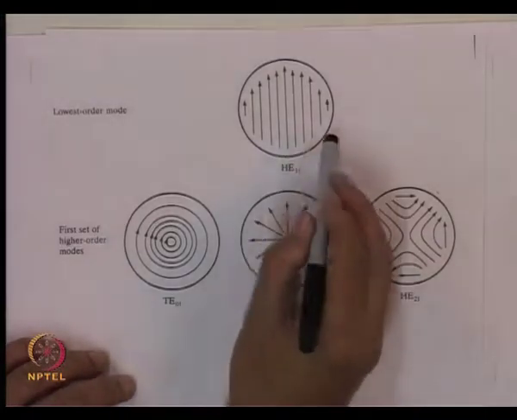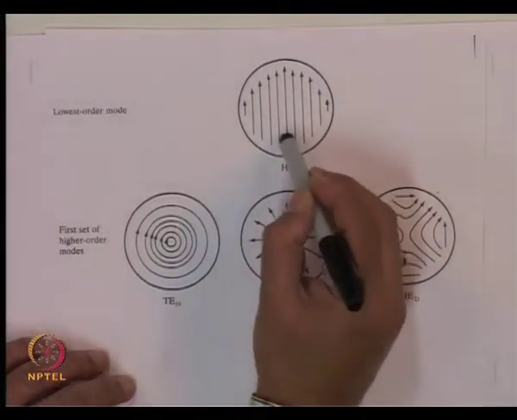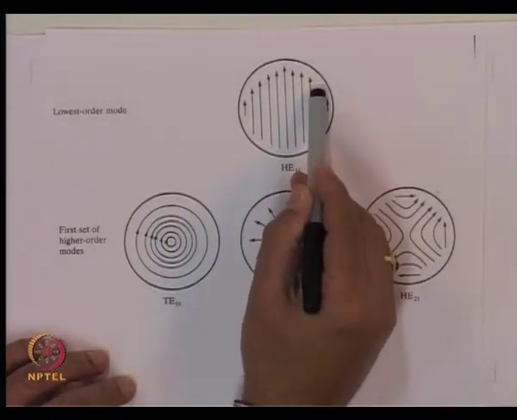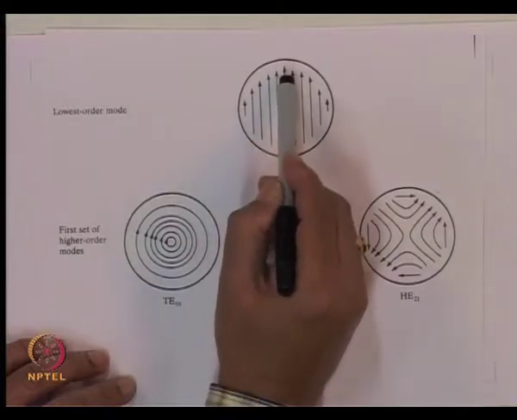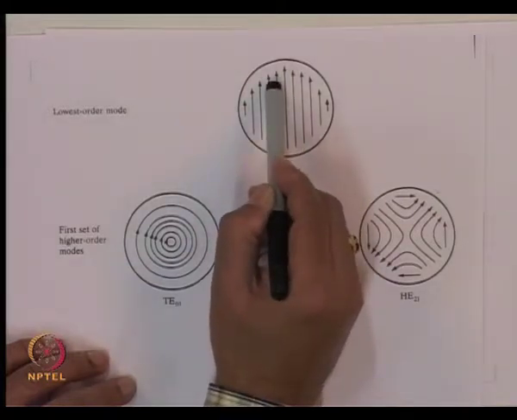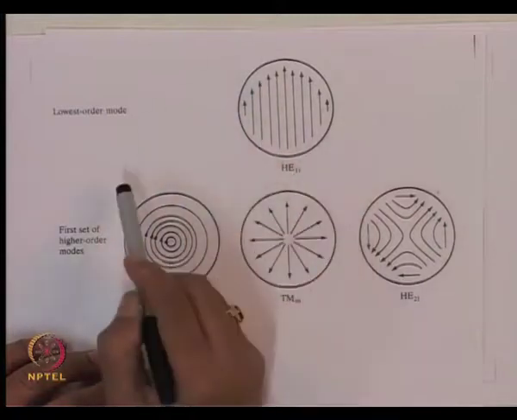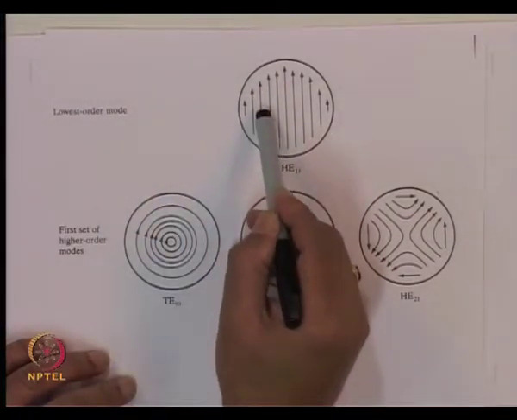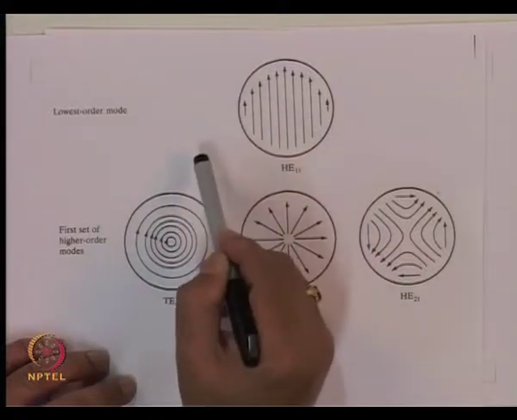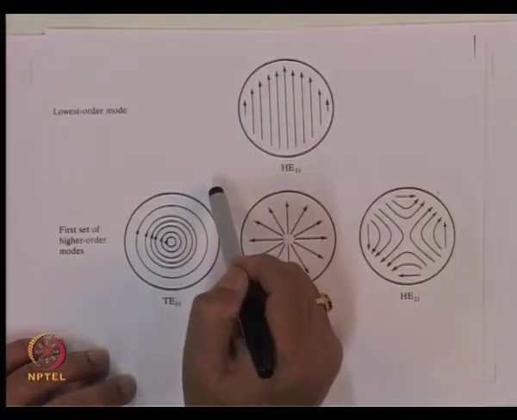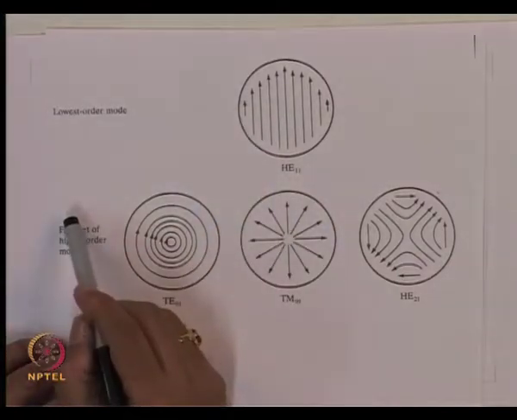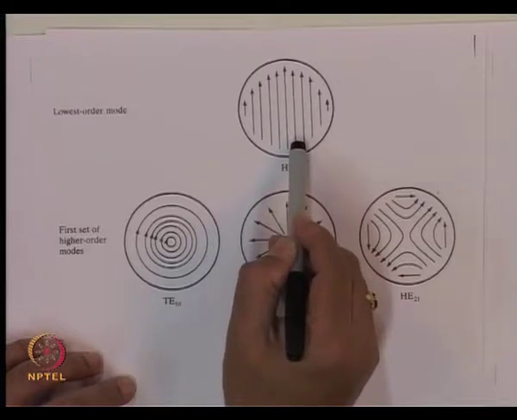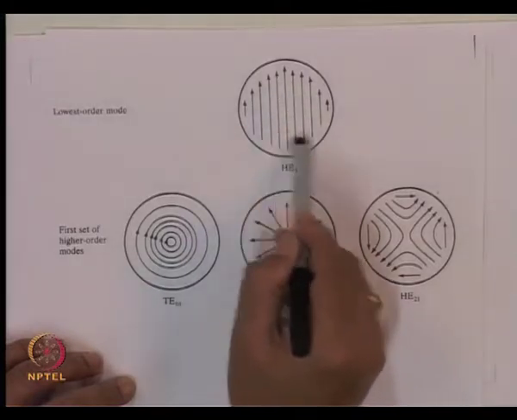Similarly, if I consider a phi component, the phi will be in this direction, azimuth. If I take here, it is in the direction of phi. If I come here, the phi direction is this, but the field is oriented this way, that means the phi component is 0. If I come here, the phi direction is this, field is upwards, that means it is in the negative phi direction. So, you get a negative maximum, and when I come here, the phi direction is this way, field is this way, so the phi component is 0.